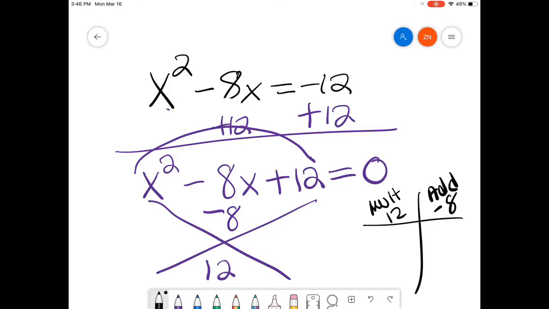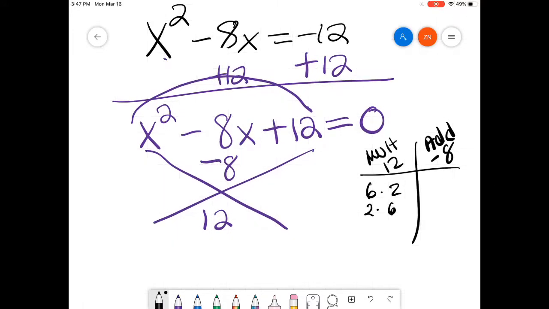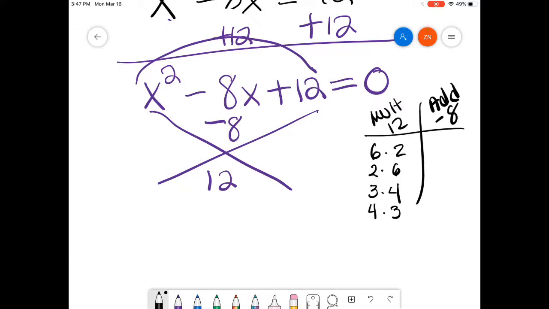Little bit of a different case. Factors of 12 include 6 times 2, 2 times 6. I also have 3 times 4, 4 times 3, 1 times 12, and 12 times 1. Why did I write them if they mean the same thing? Well, if you take a look in the add column, add to negative 8 is going to require me to do something very specific.